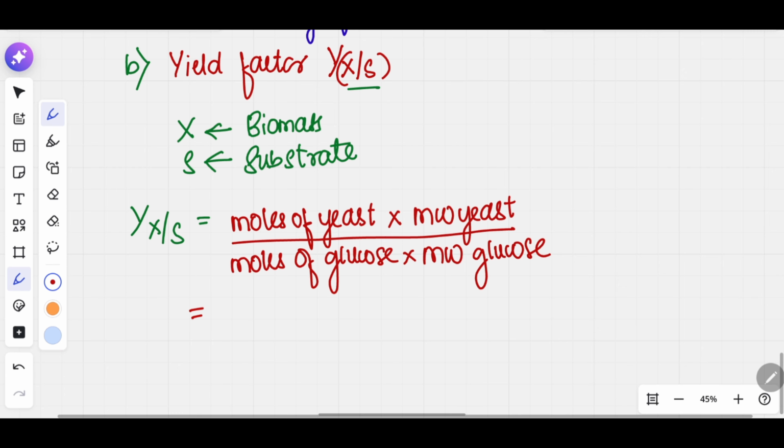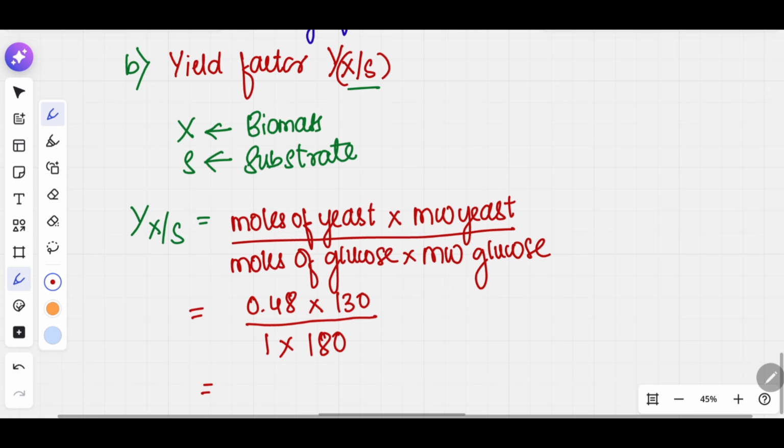Okay, let us plug our numbers in. That is nothing but 0.48 into the molecular weight of yeast, which is 130, and then moles of glucose is given as 1 into the molecular weight, which is 180.